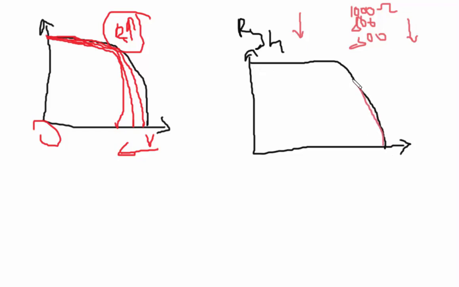You see now voltage is like this only, but current only changes. I will draw like this because we have to make voltage constant, but this current will change. See, like this.